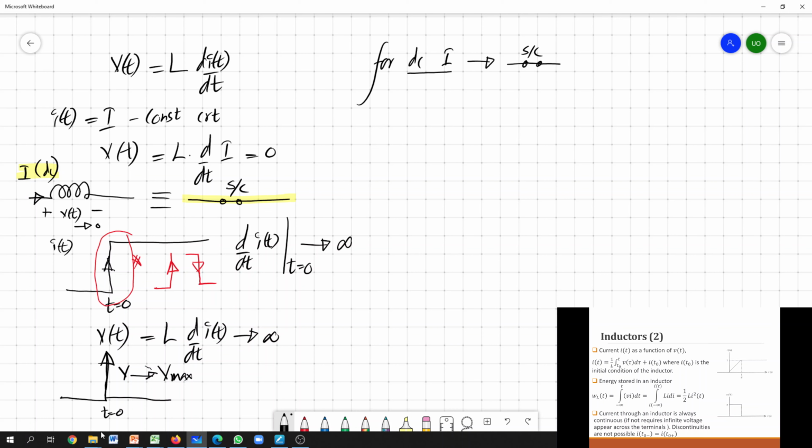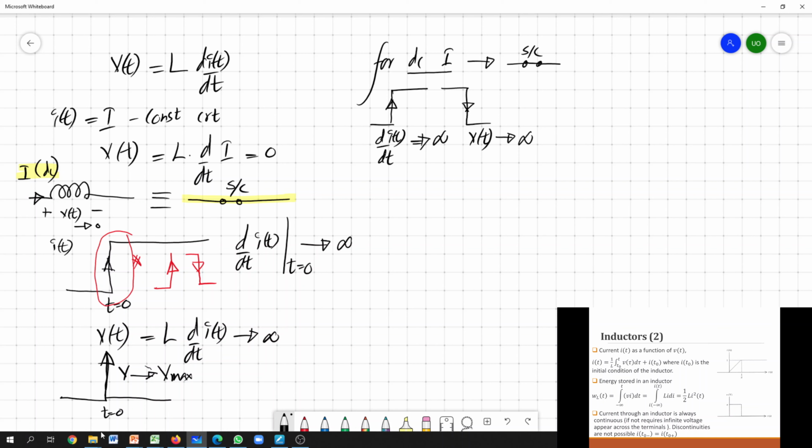And the inductor cannot operate during sudden falls and changes, because the derivative of this current for these two places is actually infinity, and the induced voltage becomes infinity then. Okay, so this is basic.